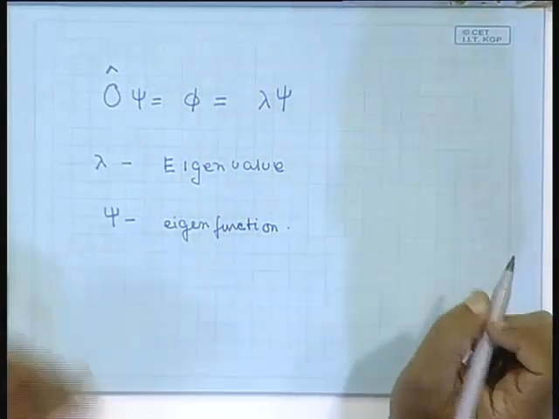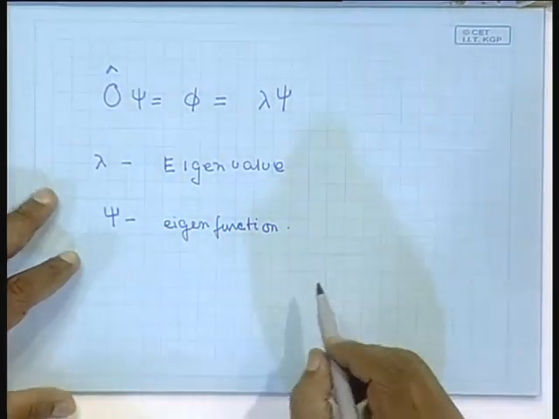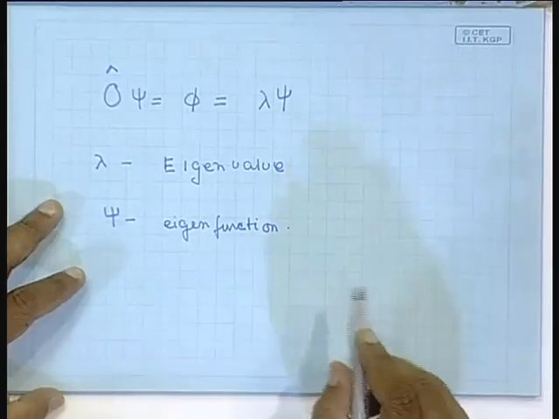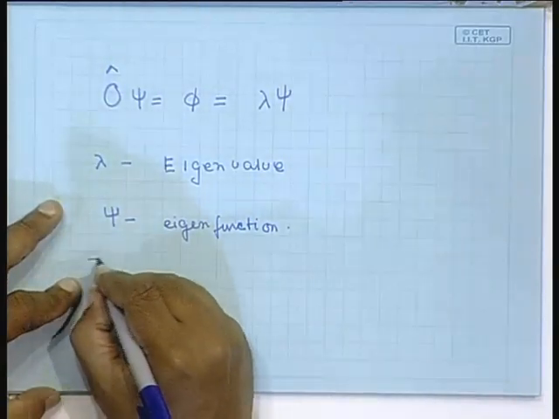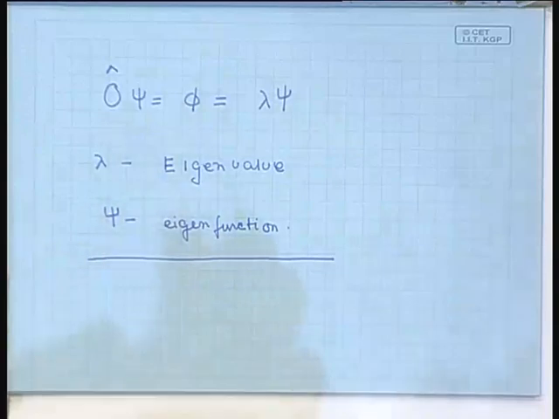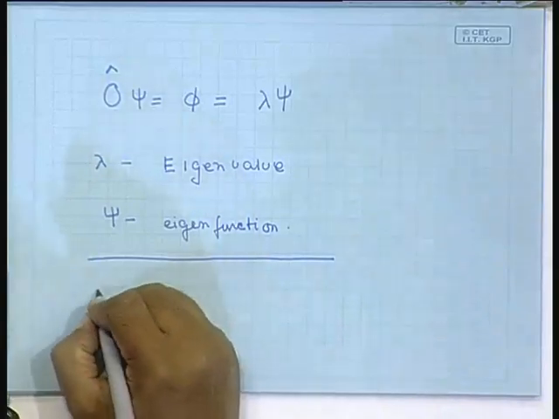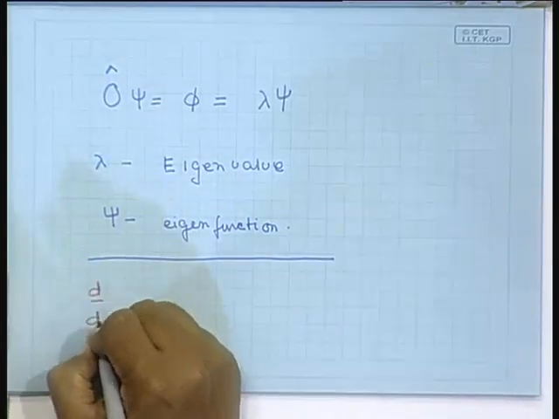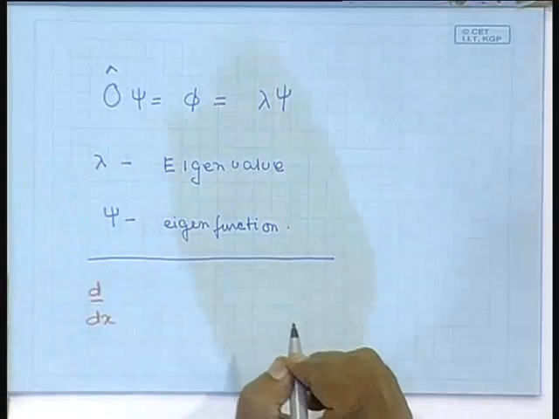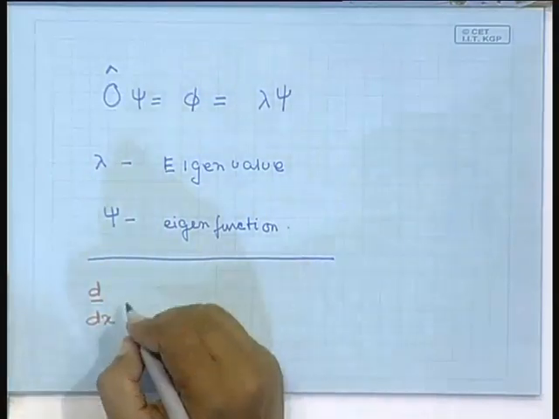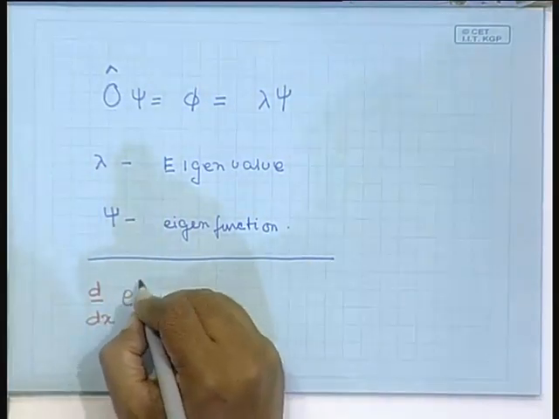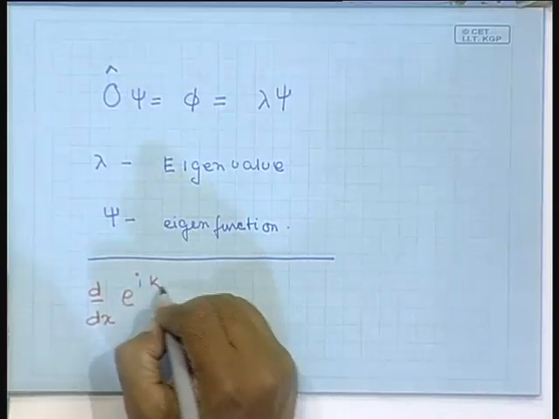So, an example of an eigenfunction and an eigenvalue is given below. I am going to give you one now. Let us consider the operator d by dx, and this operator is going to act on e to the power i kx.